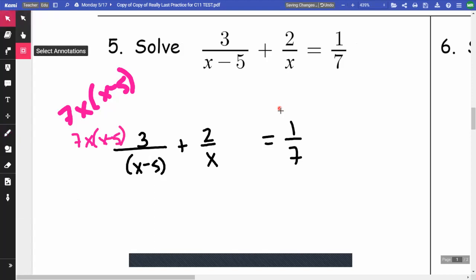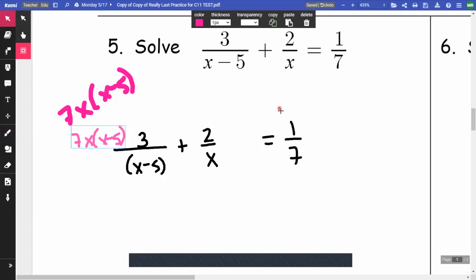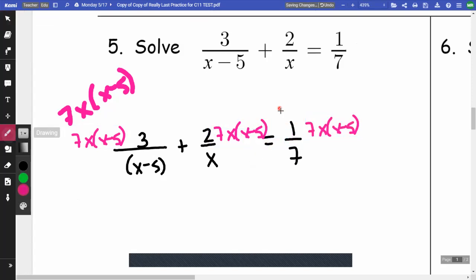Everything's going to be multiplied by that. So I'm going to copy and paste that. Okay, so everything's going to be multiplied by 7x times x minus 5. And then hopefully everything will have a denominator cancel out.